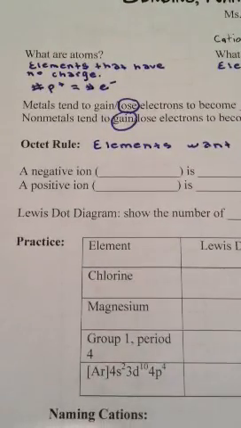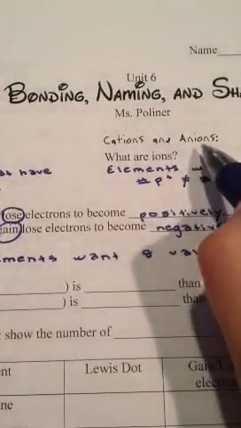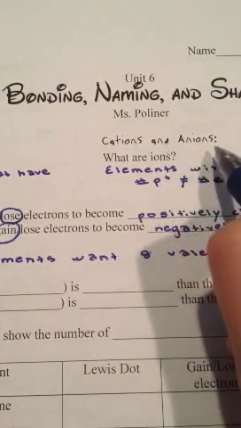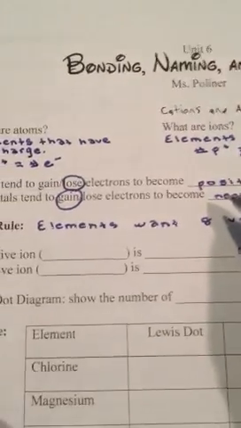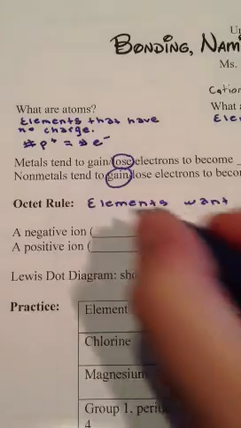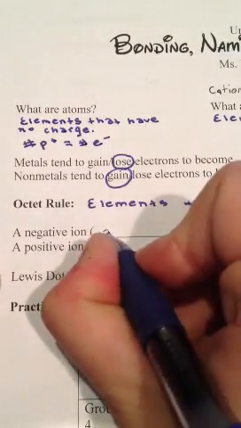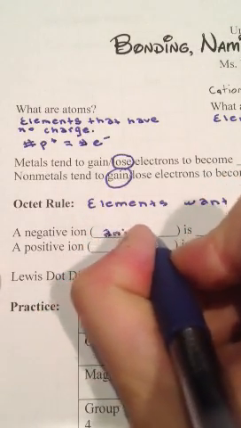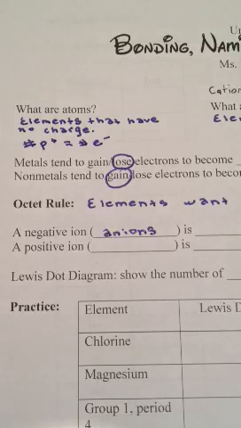A little bit more of review. If we're talking about a negative ion, remember, this comes back to the title of this section. Your negatively charged ions are called anions. A negative ion is blank than the atom.